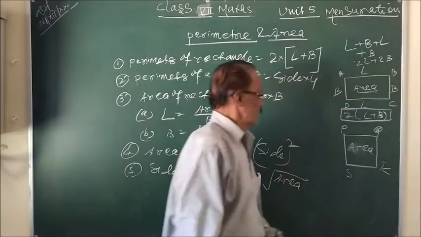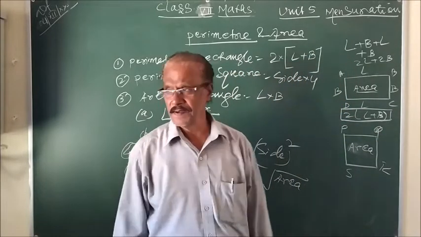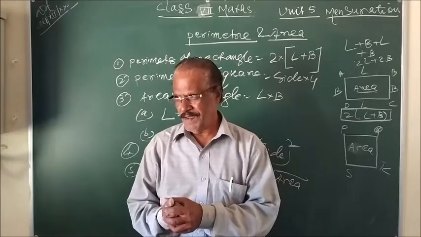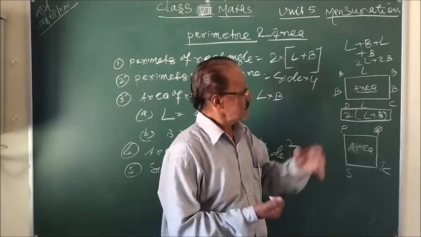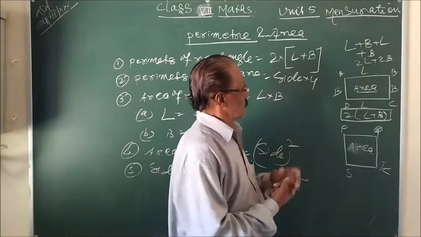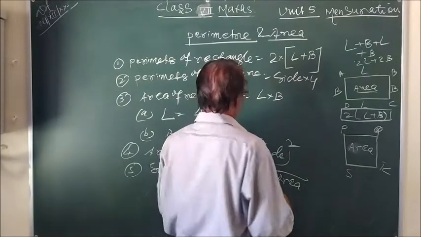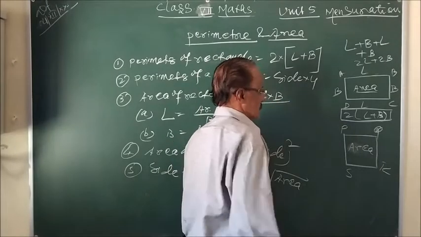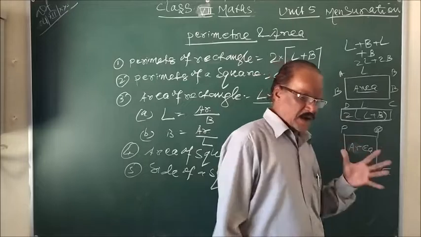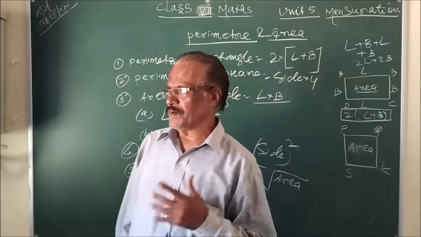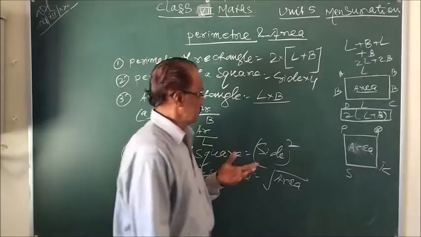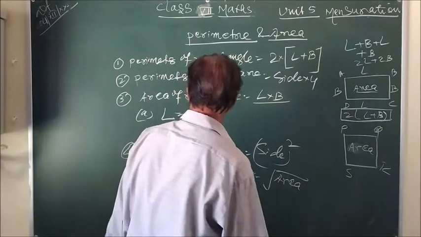What is the formula of perimeter? Twice the sum of length and breadth. How did you get it? I have just explained. The formula for area is L into B, length into breadth. For any rectangular figure, you can find the area as L into B, the product of these two.